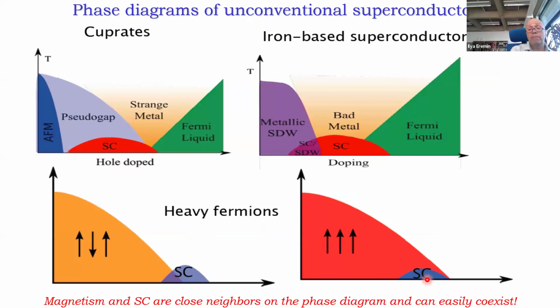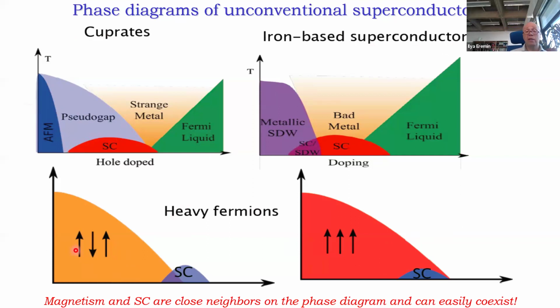One of the main reasons why we want to understand unconventional superconductors is that typically superconductivity in those systems appears as a kind of secondary phase to a magnetic phase. So if you look at the phase diagram of cuprates, iron-based superconductors, heavy fermions, ferromagnetic superconductors, which are shown here, you always see that there is another phase, and this phase is magnetic.